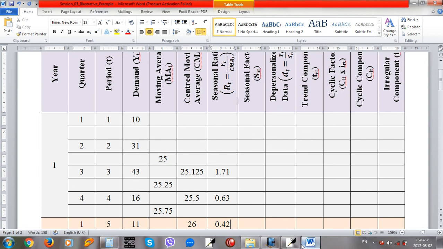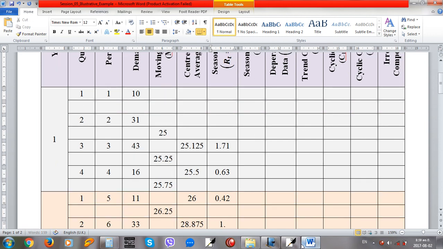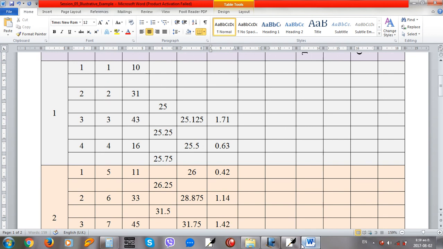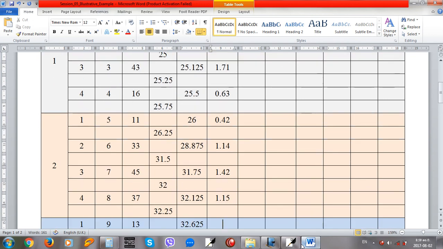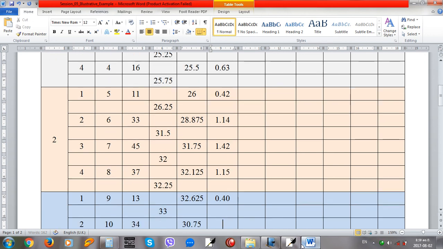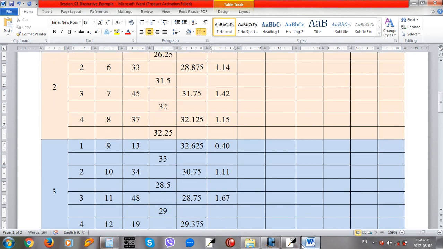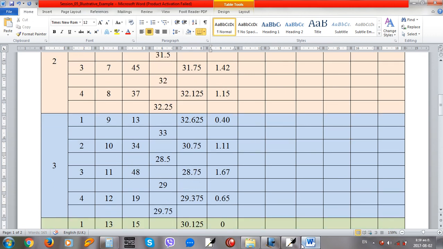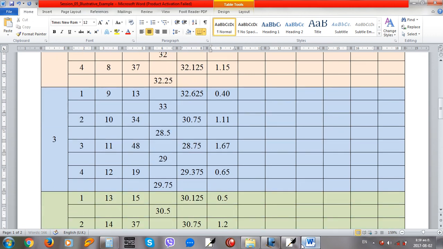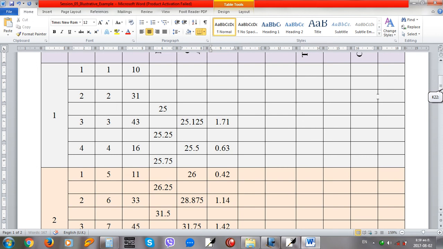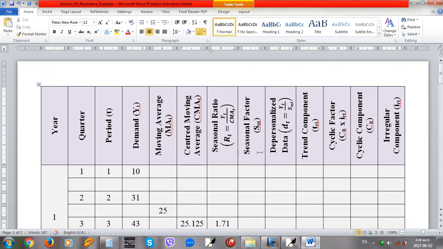Likewise, you can find the other values. Now we have filled this column also. Now we can find the seasonal factor.